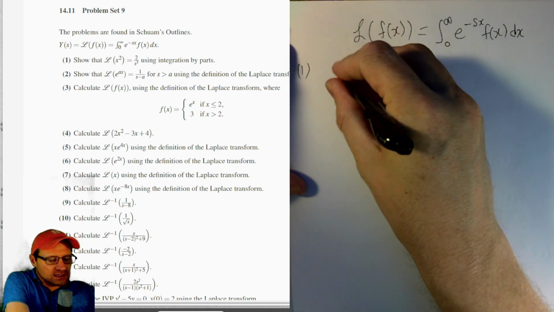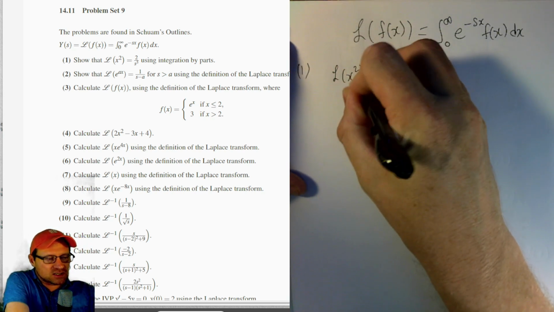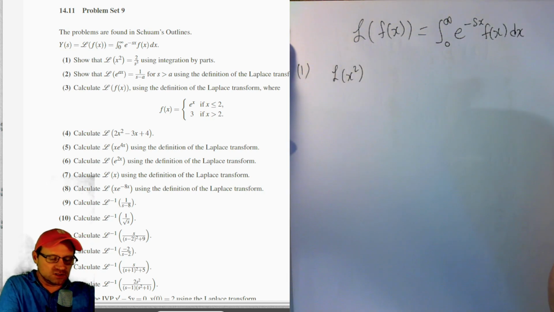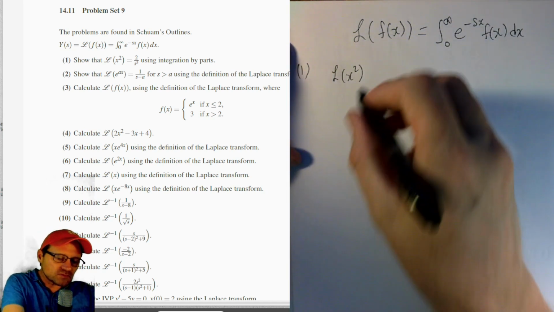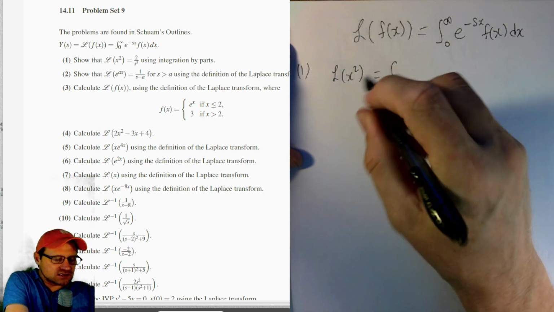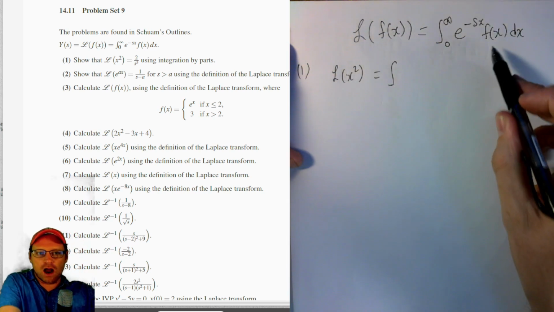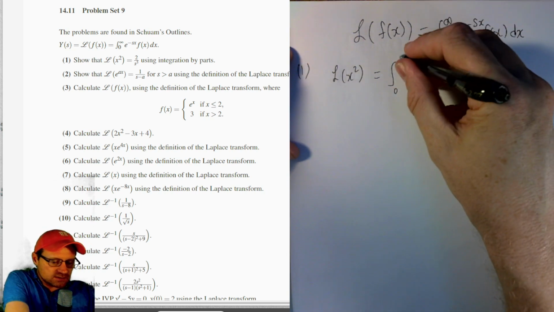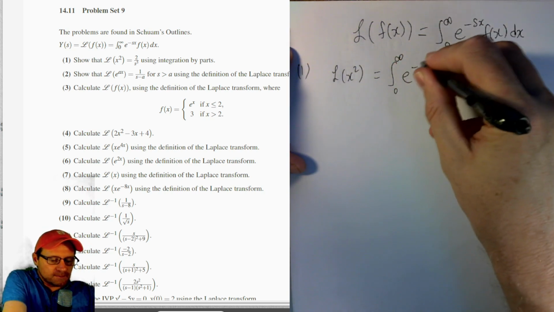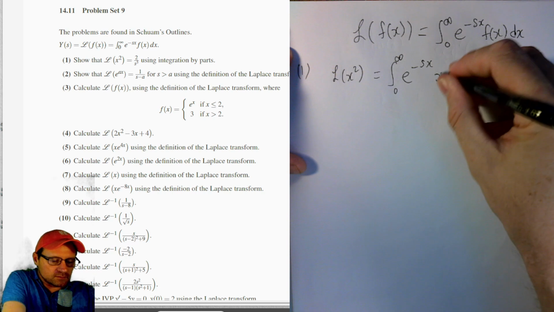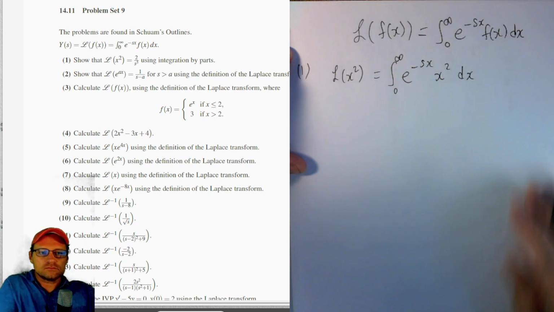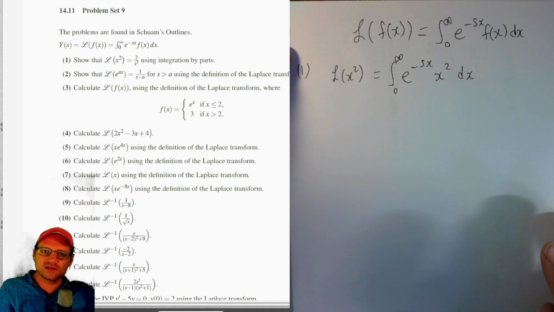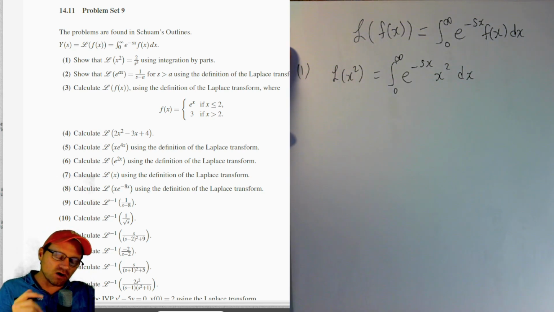So we're taking the Laplace transform of x squared, and we're supposed to get 2 over s cubed. So we need to set this function x squared in our integral, and then integrate this. Now I think it's pretty clear here that we're going to need integration by parts to finish this off.